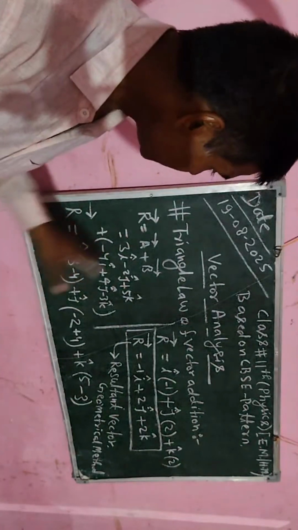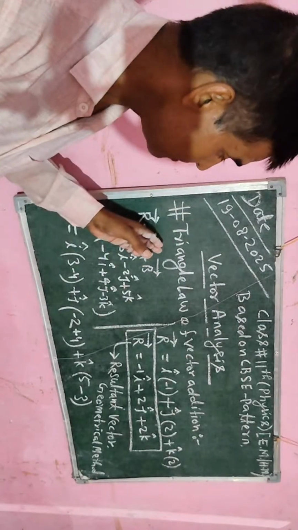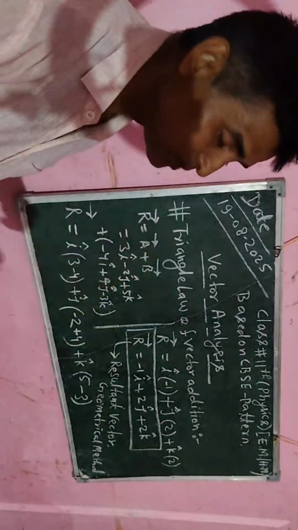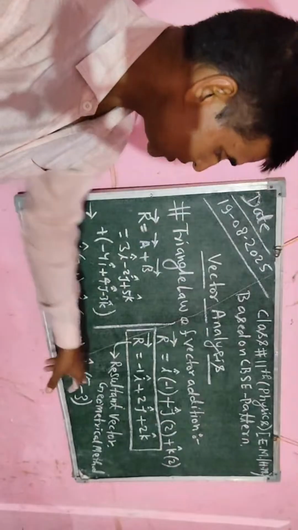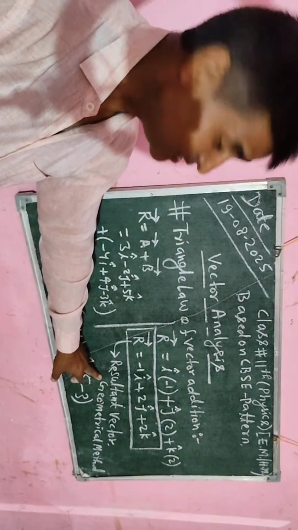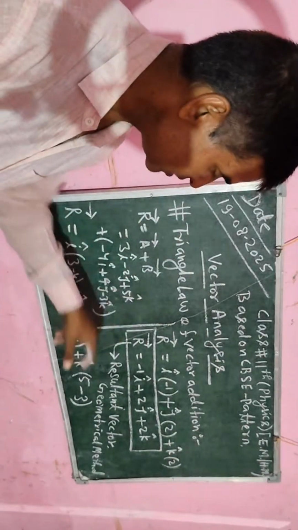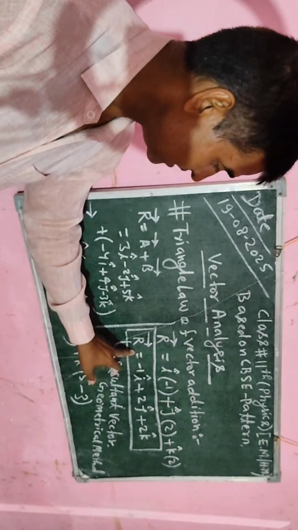Okay, now when I was explaining the application of the triangle of vector addition, I have already explained two methods. One is the geometrical method, and the second is the analytical method. If two vectors are given, we can get the resultant vector using this concept.